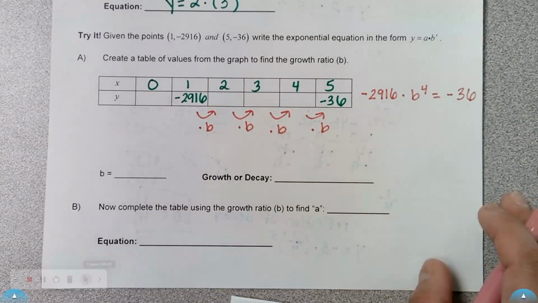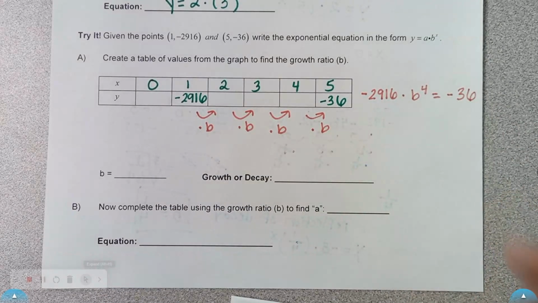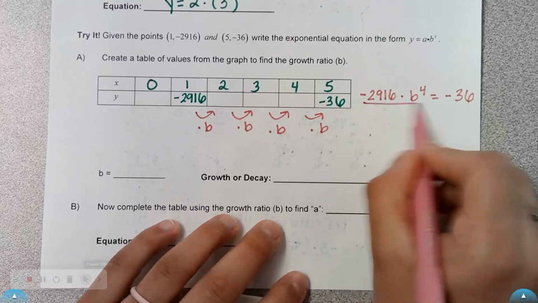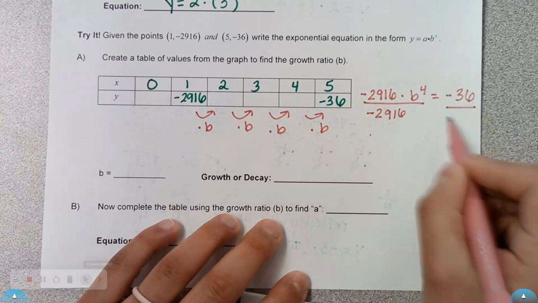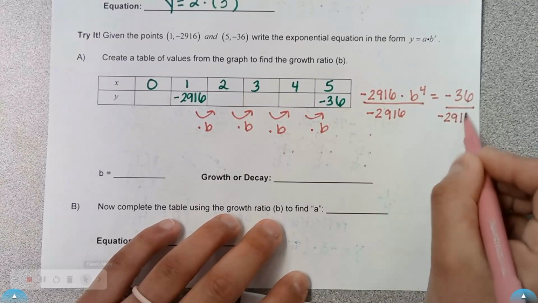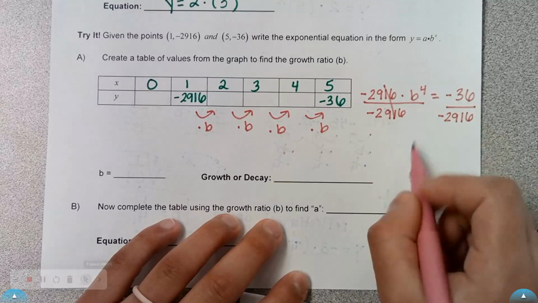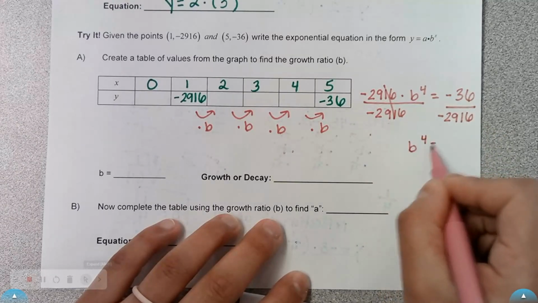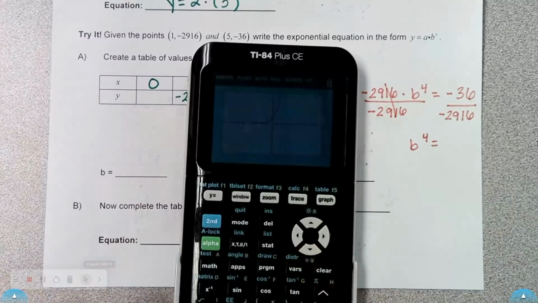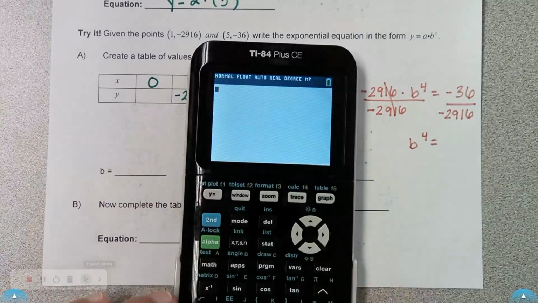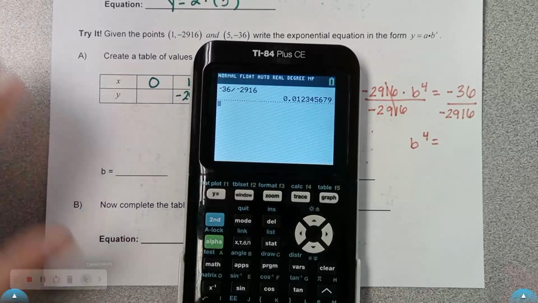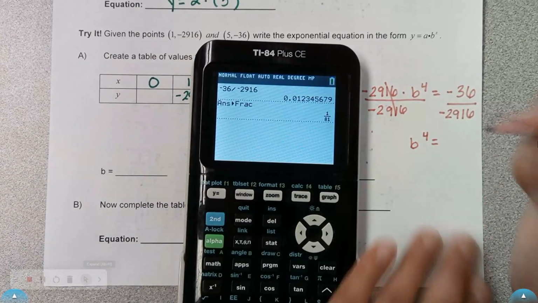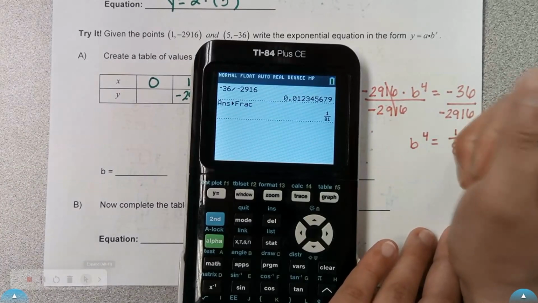Okay, so I'm going to go through the same process. I have to get rid of that 2916 in the front, so I'm going to divide by it. Okay, this will cancel. Let me put that in my calculator. So negative 36 divided by negative 2916. That's 1 over 81.